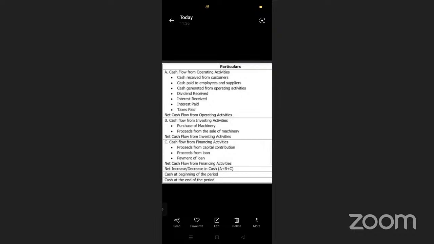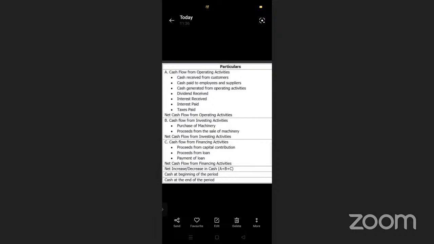So proceeds from the sale of machinery, land, plant, freehold premises, or motor car, all sales of fixed assets are a cash inflow. It means it's a positive figure. So in this head, we get both minus and plus figures together. Here we take only fixed assets.